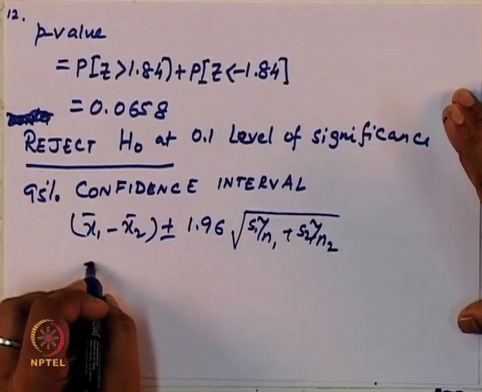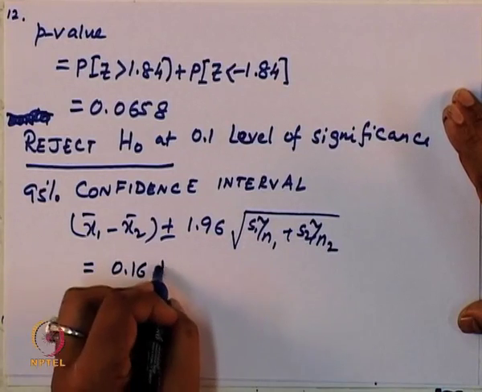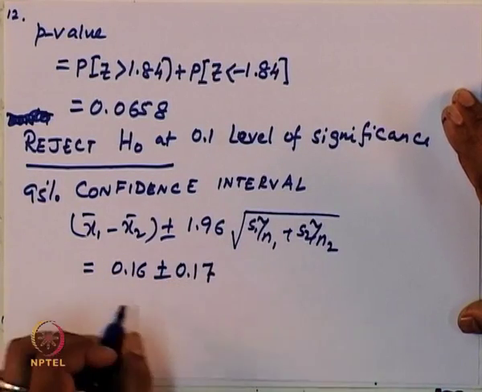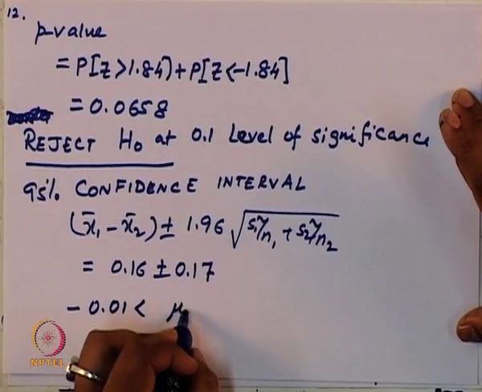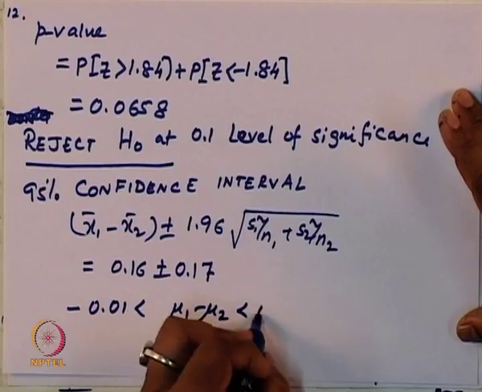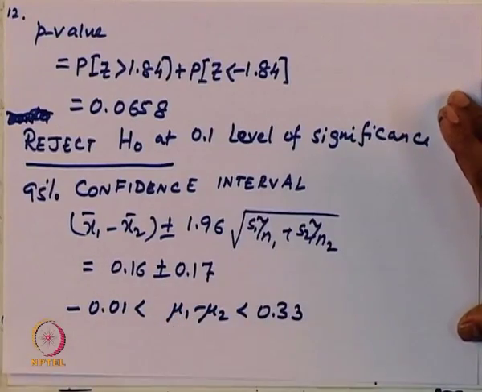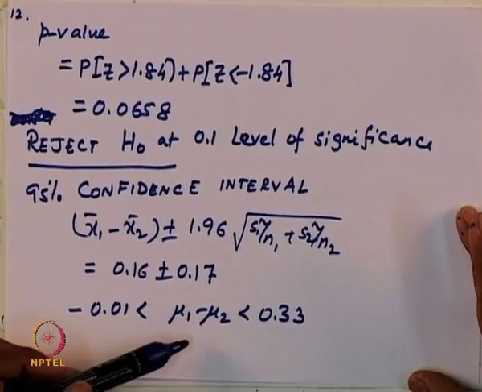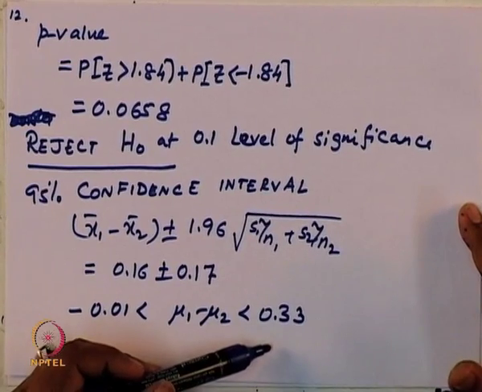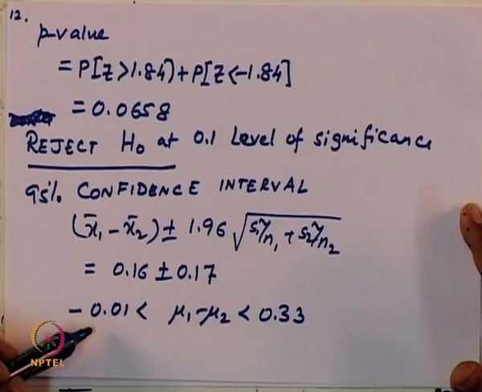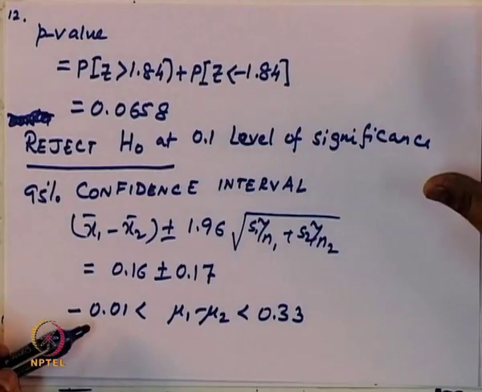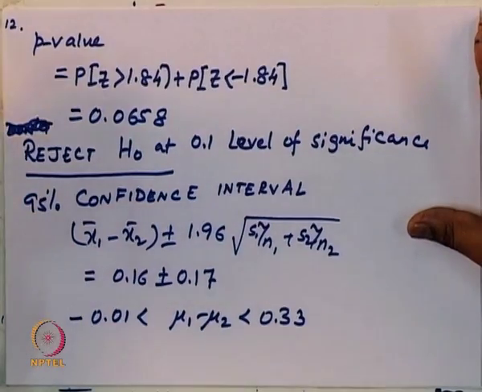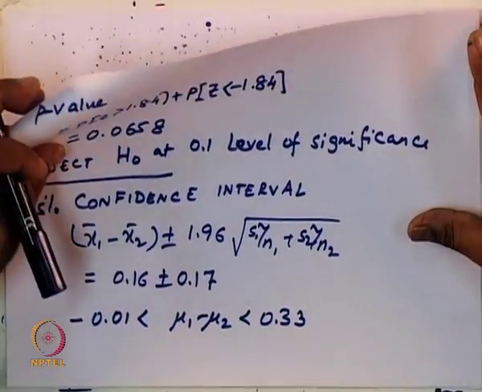This comes out to be 0.16 plus or minus 0.17. So, the bounds become minus 0.01 to 0.33. Because it is possible to have a value of 0, that is no difference, you cannot say that there is a statistical difference between these two populations.